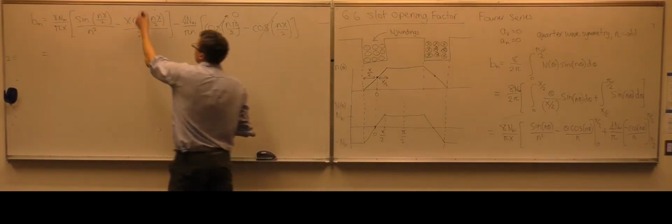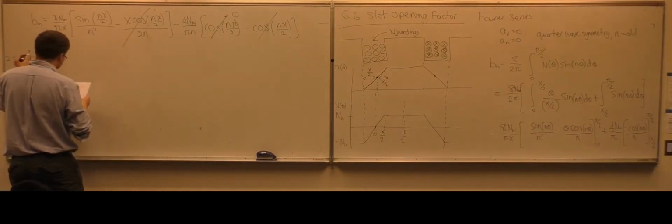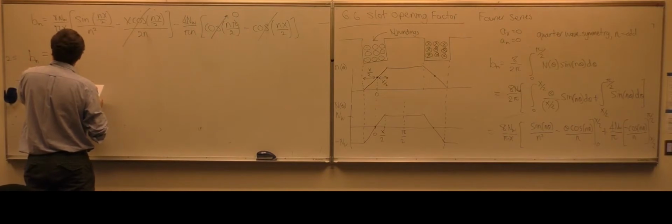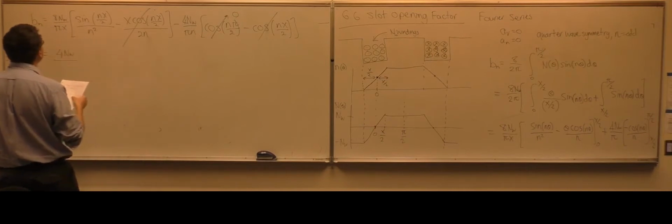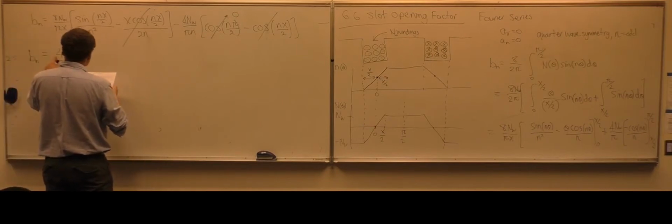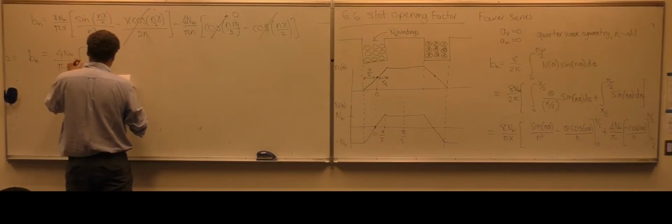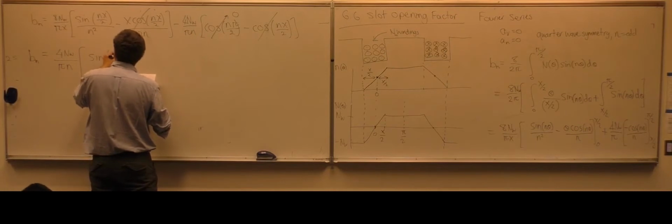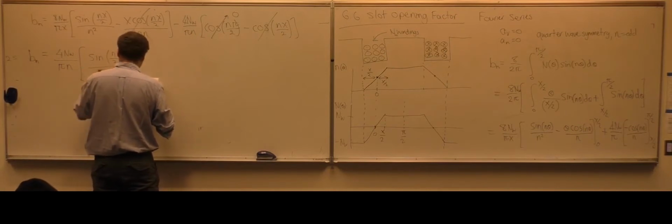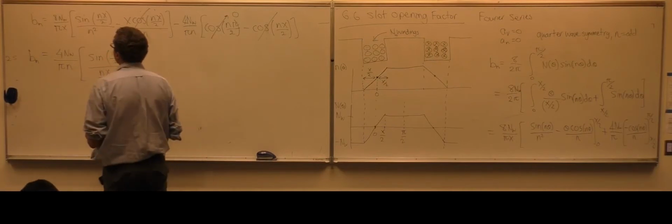These two terms cancel, and you're left with Bn is equal to 4 nw, I'm putting a 4 here, I'm going to stick a 2 on the denominator, pi n times sine nx over 2 divided by nx over 2, like that.